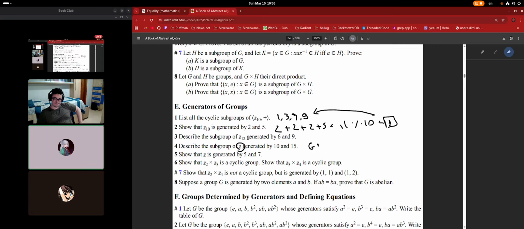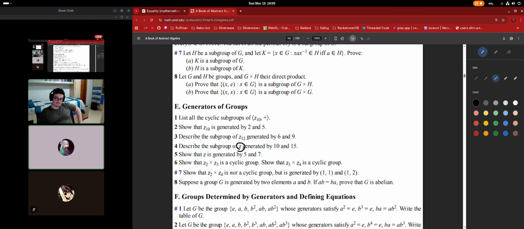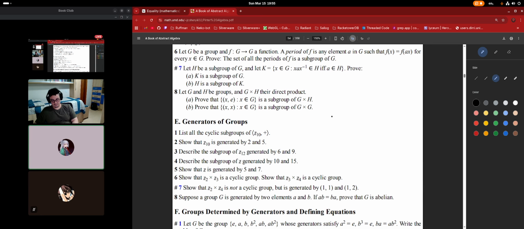Yes, exactly. The subgroup generated by 6 and 9 is just the multiples of 3, and this one is just the multiples of 5, because you have the inverses as well, right? So you do minus 10 plus 15, that's 5, and that's the smallest positive integer you can get this way.